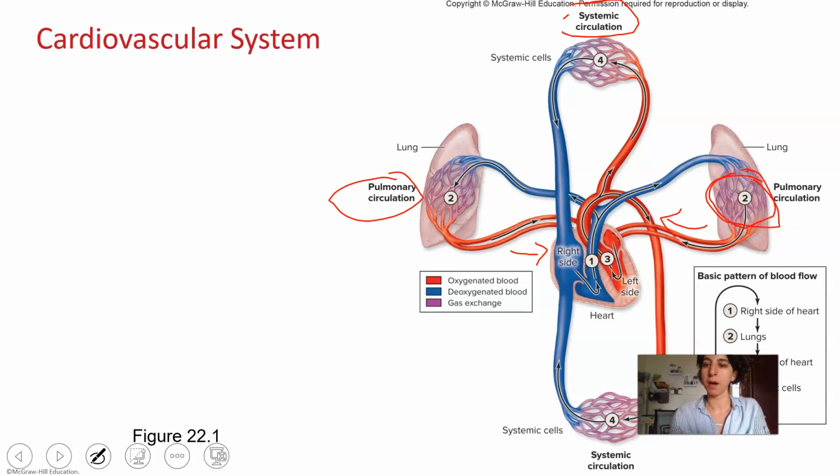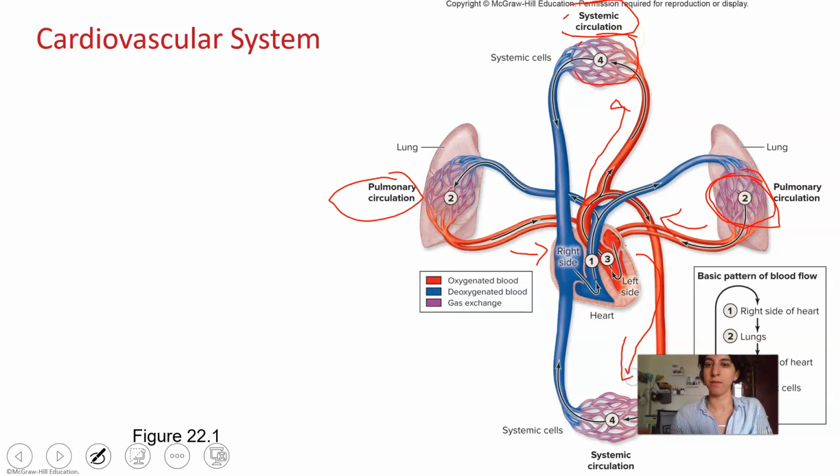So we're picking up oxygen from the lungs, delivering it to the left side of the heart, and then from the left side of the heart, we pump it out to the body, and again, to capillary beds where gas exchange happens.